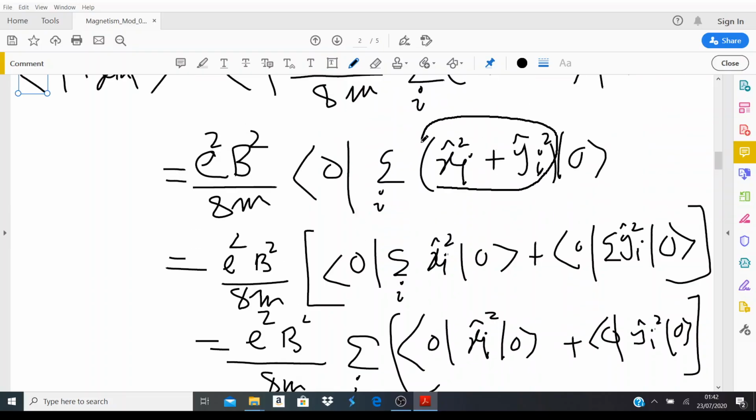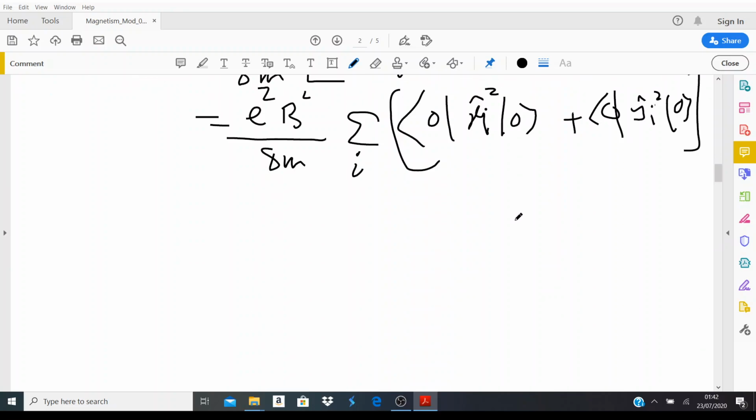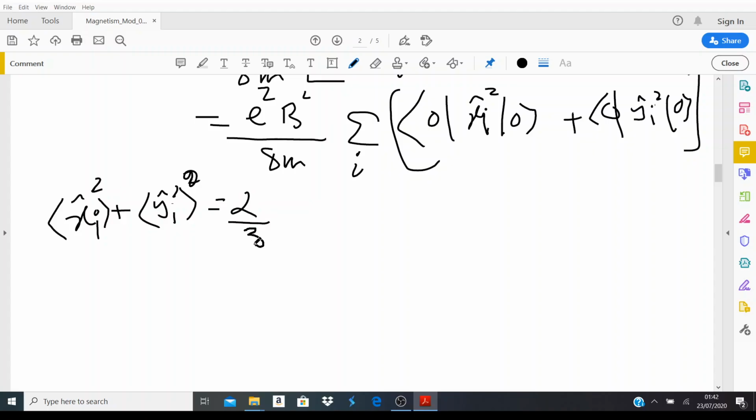You remember from one of the discussions I have had that for a spherical charge distribution, x_i squared plus y_i squared, if I remember correctly, is nothing but 2/3 of the radius squared of the sphere that we are considering. This is 2/3 r squared.